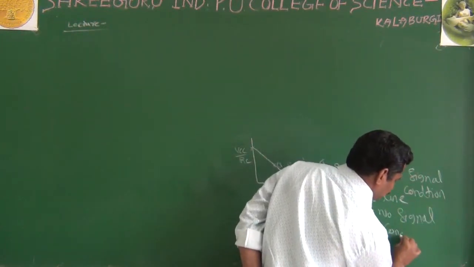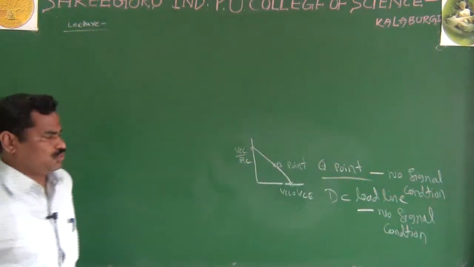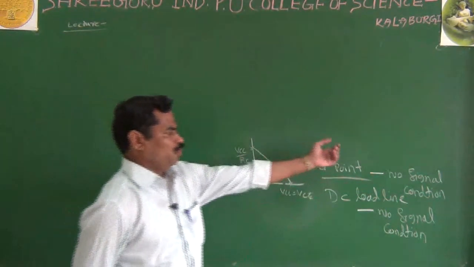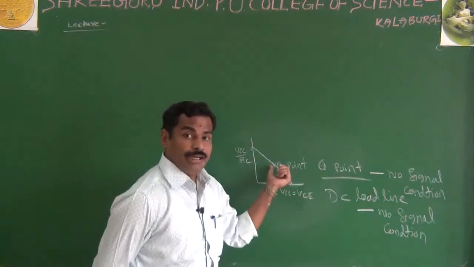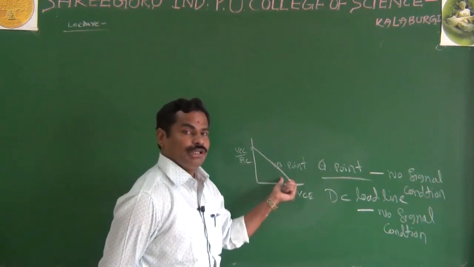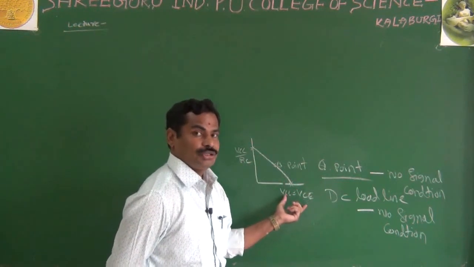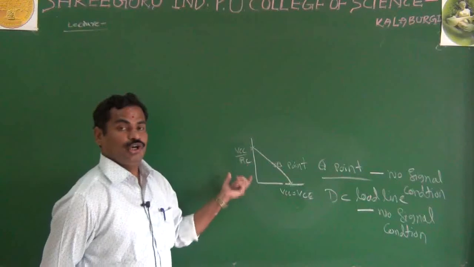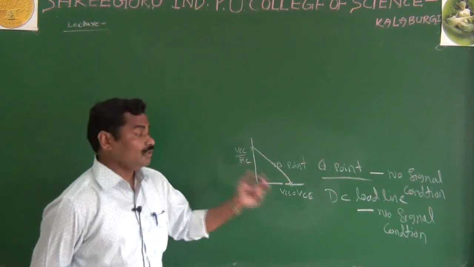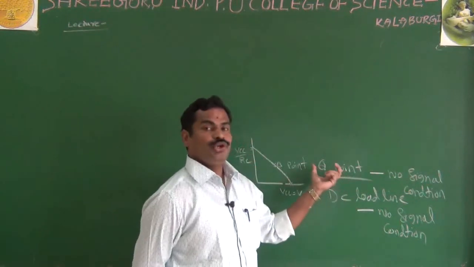What is the difference? Their names indicate their difference. As I said, Q point is nothing but a point on the DC load line, and it will give you the output DC voltage and corresponding output DC current with a no signal condition. This is nothing but the Q point.